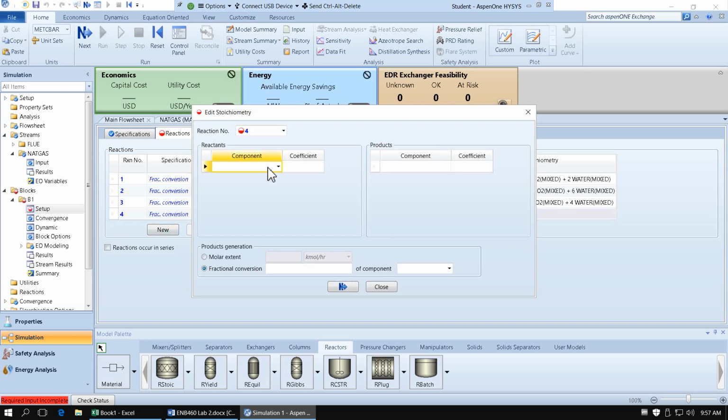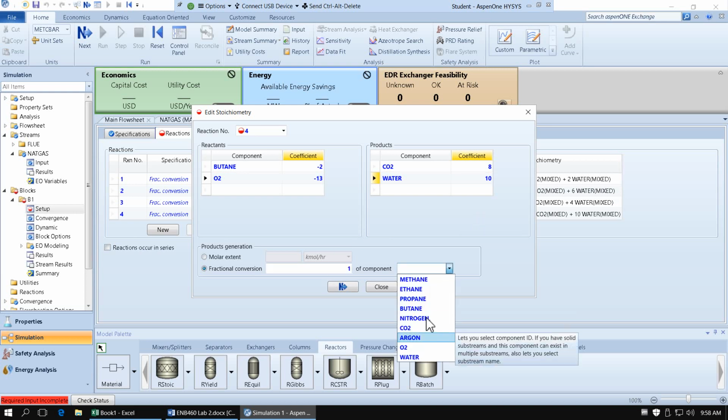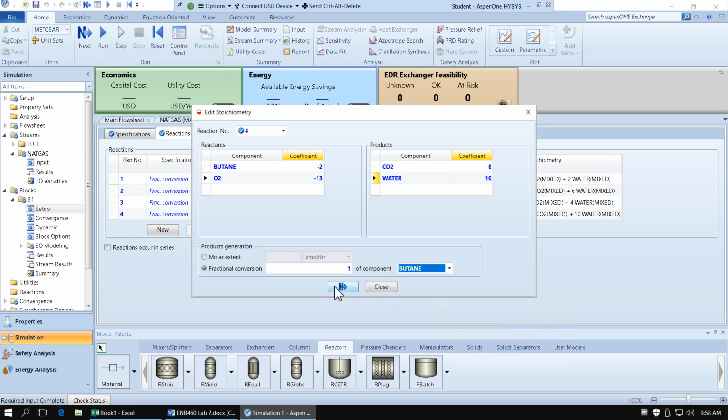Then the last one is butane, oxygen, carbon dioxide, water. And that's 2, 13, 8, and 10. And 100% conversion of butane as well.